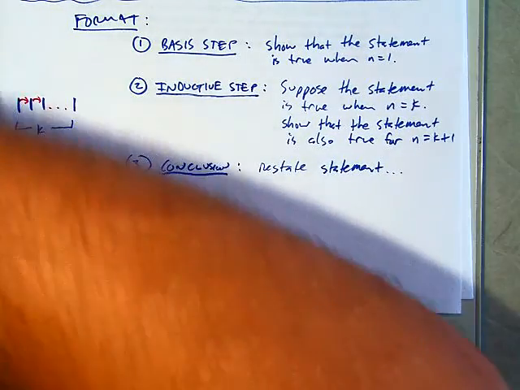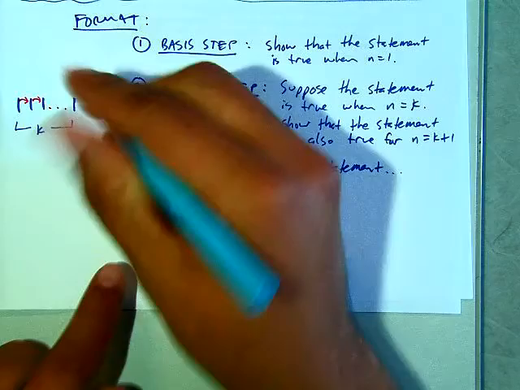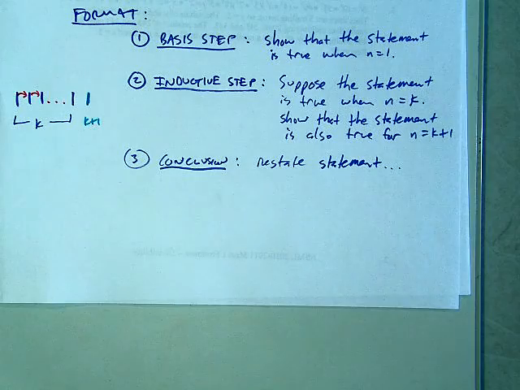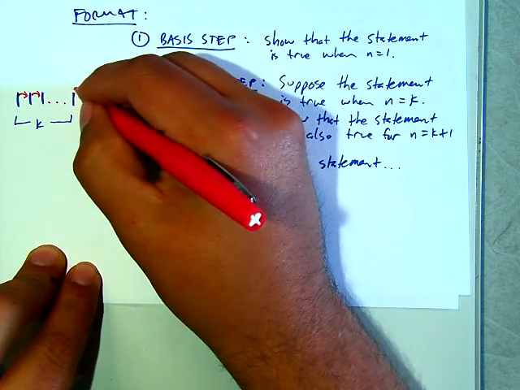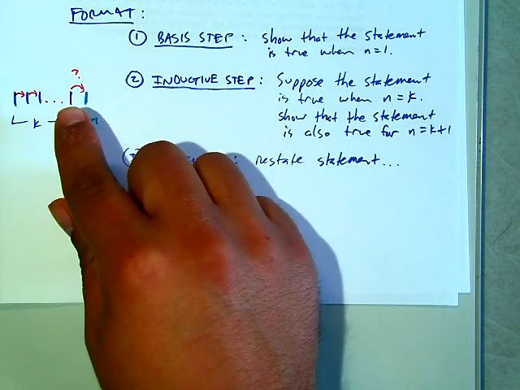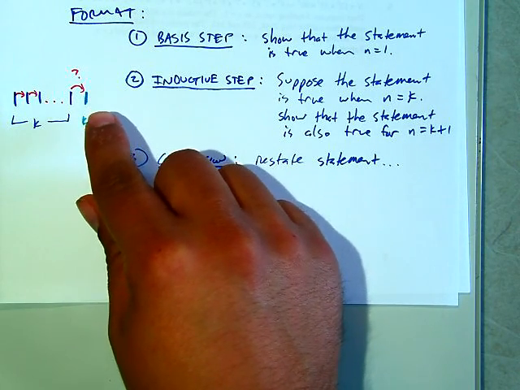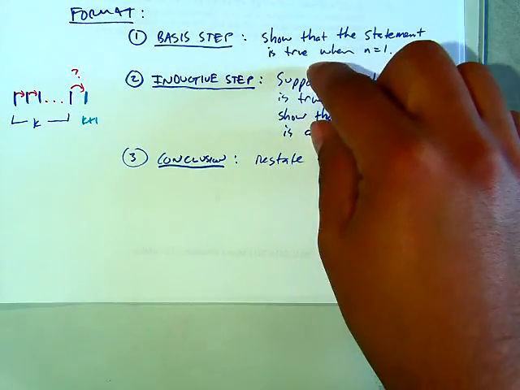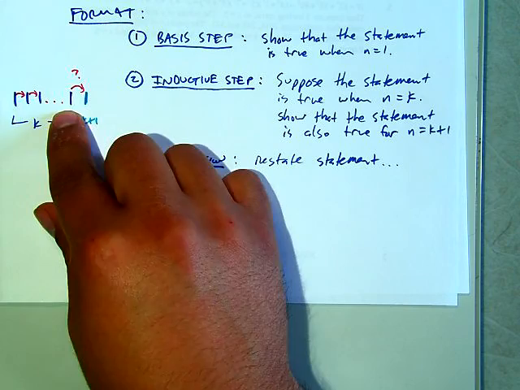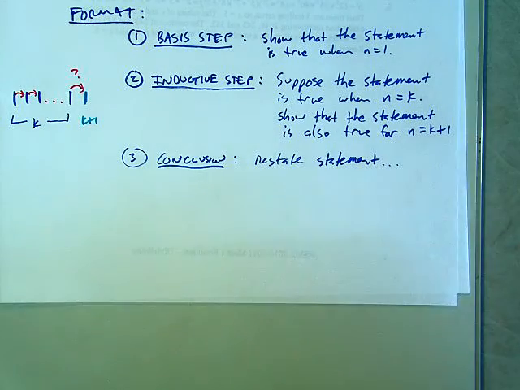What we're trying to do is check whether or not this is going to happen. So if the first k dominoes are falling over, does that necessarily mean that the one after that is also going to fall over? That's what it means here. And maybe not, but if we can prove that these k dominoes falling over implies that the next one's going to fall over, that basically proves that this works all the time.